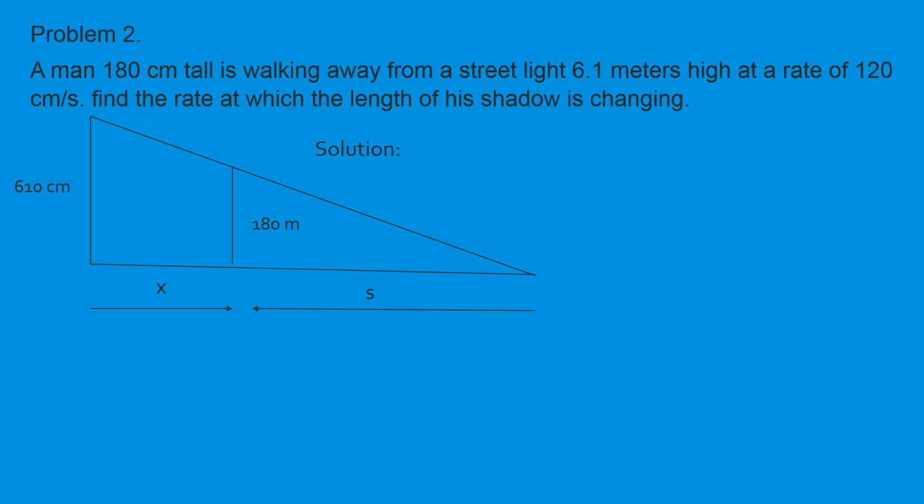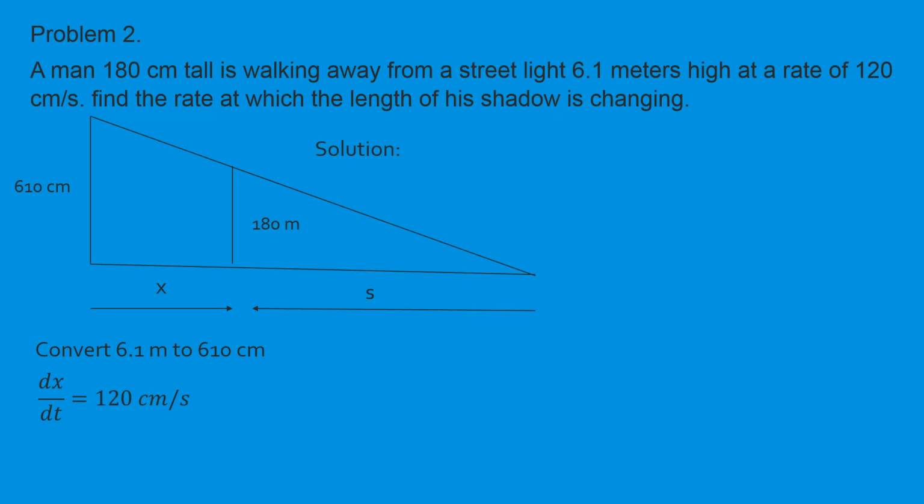So we can use ratio and proportion for solving these given quantities x and s. So we have the conversion of 6.1 meters to 610 cm, and the 180 is supposed to be 180 cm. So that is 610 cm.